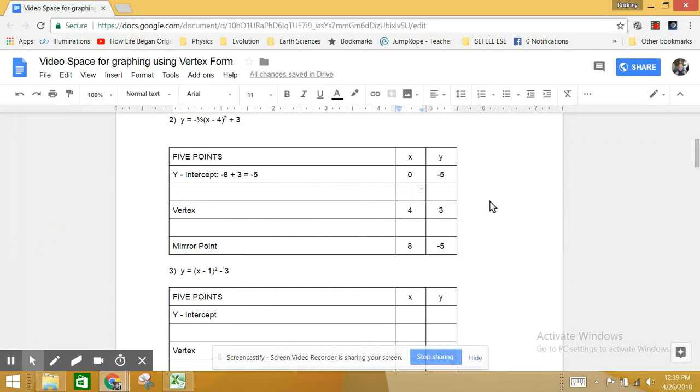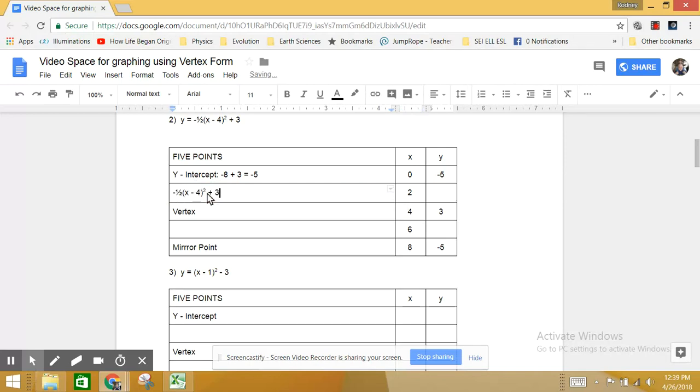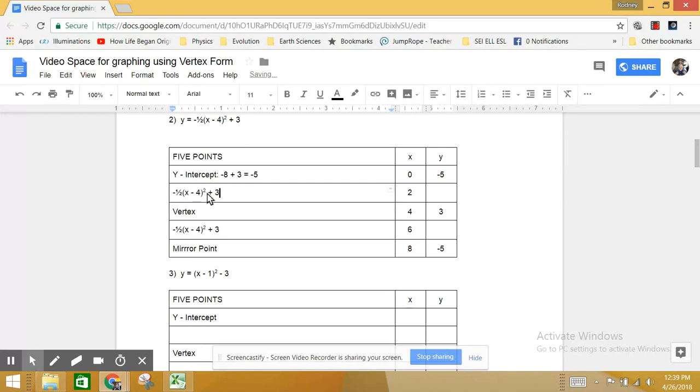So once again, I'm going to pick a point that's 2 away from 4 in that direction and 2 away from 4 in that direction, 2 away on the horizontal. So I'm picking an x value of 2 and an x value of 6. So I'm going to plug in the equation here and here, and we will simply replace x with our input of 2.